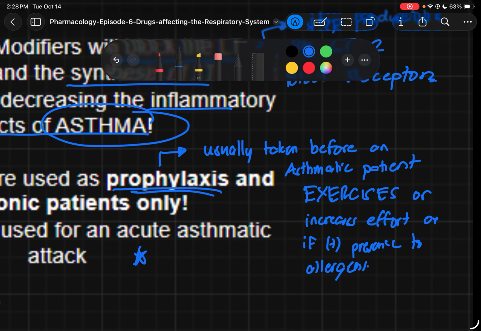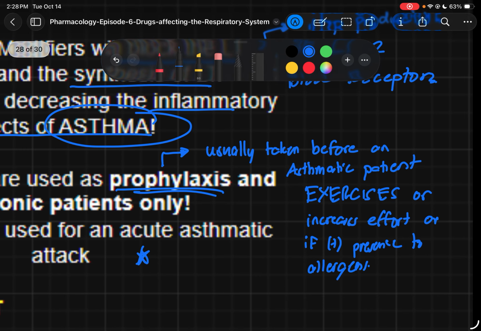Okay? Let's say, for example, class, I am asthmatic and I am about to run. Padung kung mudagan if I am asthmatic. Now, if I run with asthma, there is a chance that I might get an asthma attack while running.